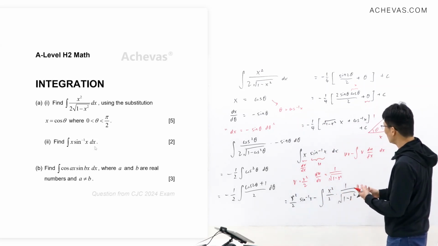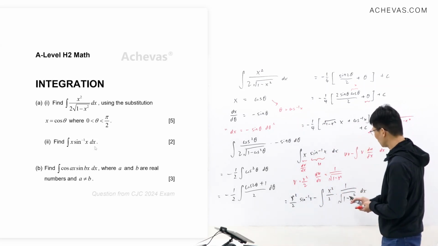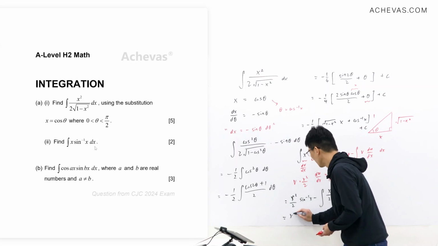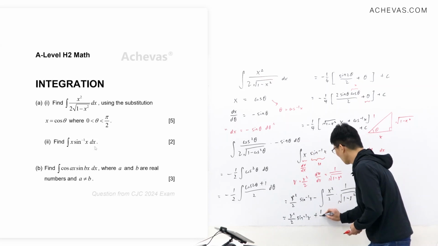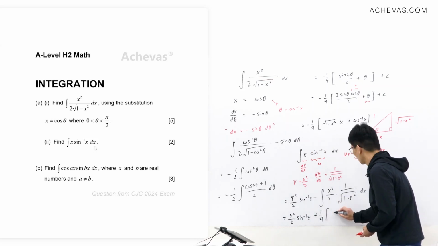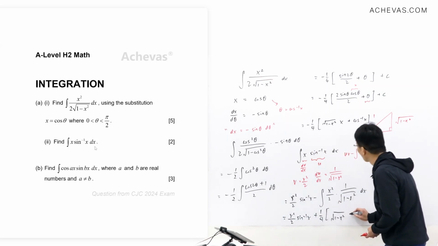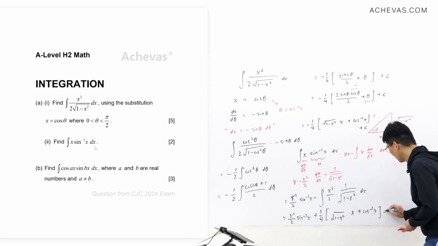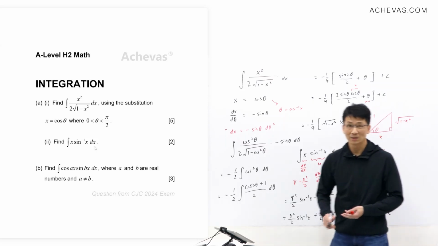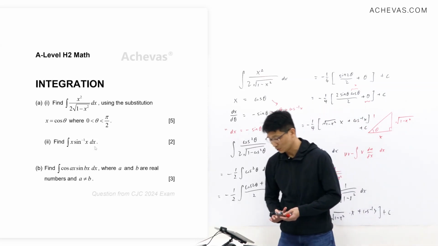So we can simply use the answer from the previous result. So by doing the replacement here, we get x squared over 2 sine inverse x minus, and this will become plus, 1/4 of square root 1 minus x squared times x plus cosine inverse x, plus c. So this will be my answer for part A of the question.